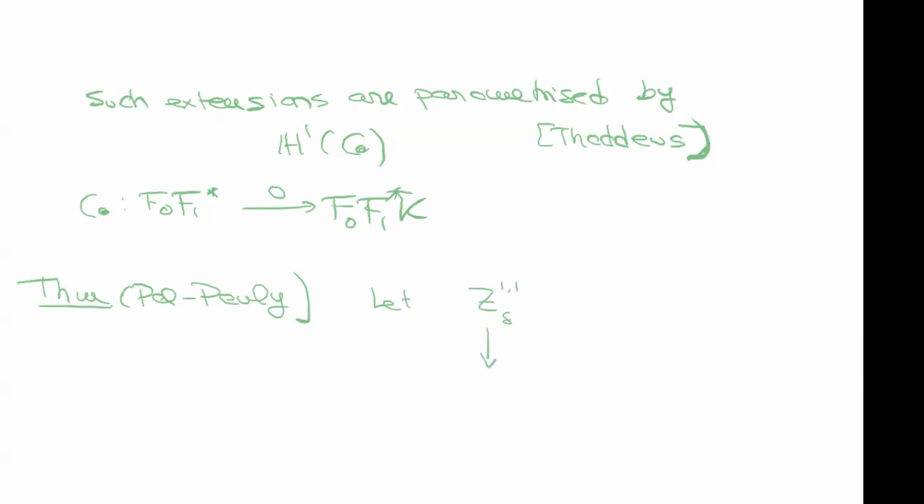We started with D0, D1. We're going to consider certain extensions of these guys. But in fact, we need an extra condition, which is for a section to exist once we twist them suitably.